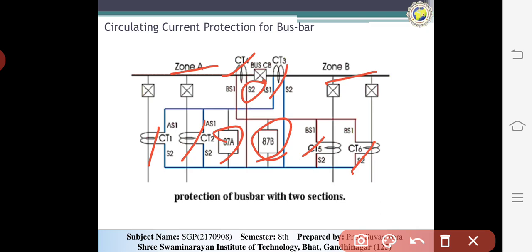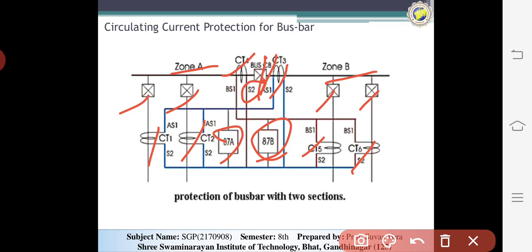Any fault in zone A will trip only circuit breakers CB1, CB2 and CB3. When a fault occurs in zone B, at that time circuit breakers CB4, CB5 and CB6 will be operated.